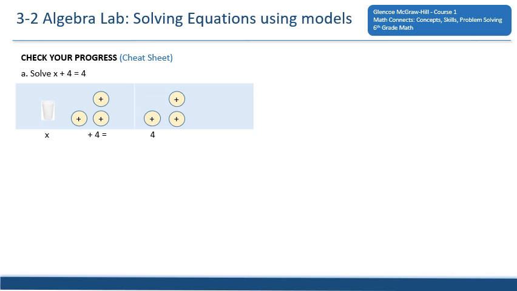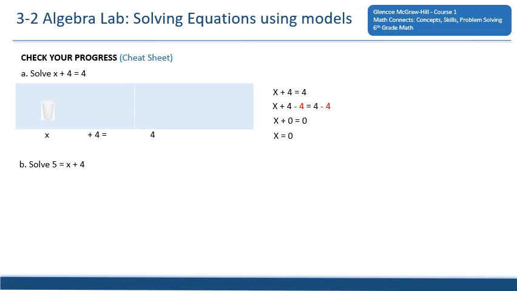So if we take one away from each side, and another, and another, and another, we get x plus 4 minus 4 equals 4 minus 4, because if we take 4 away from the left side, we have to take 4 away from the right side. So x plus 0 equals 0, therefore x equals 0.